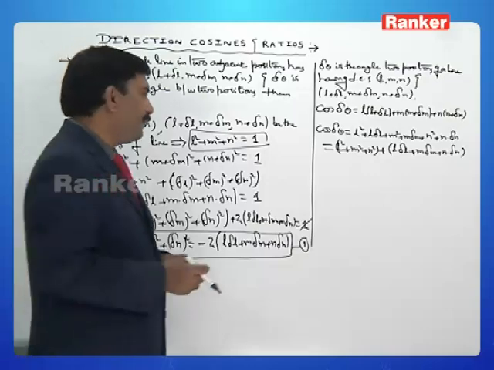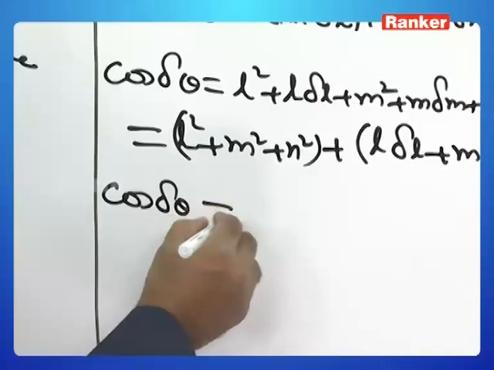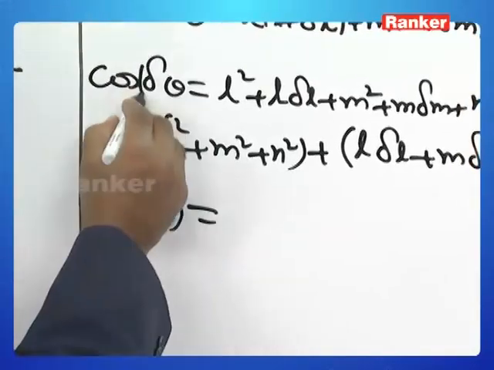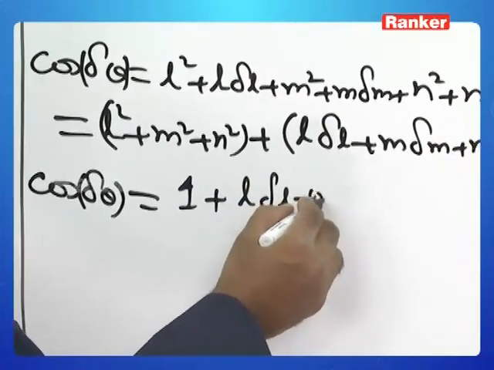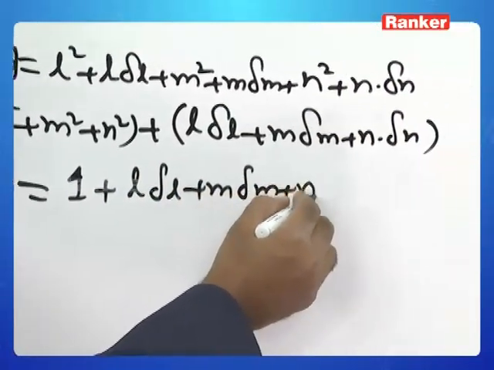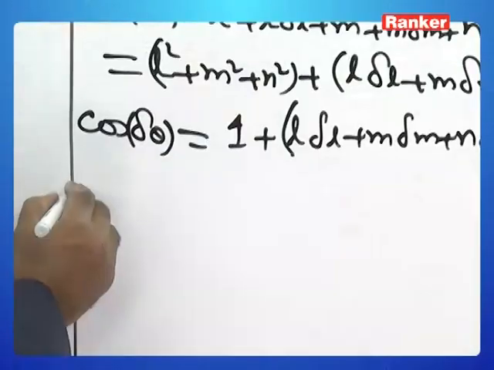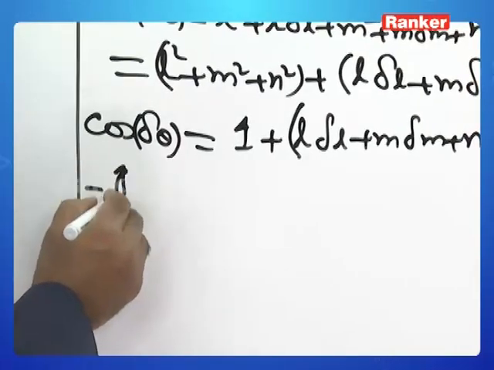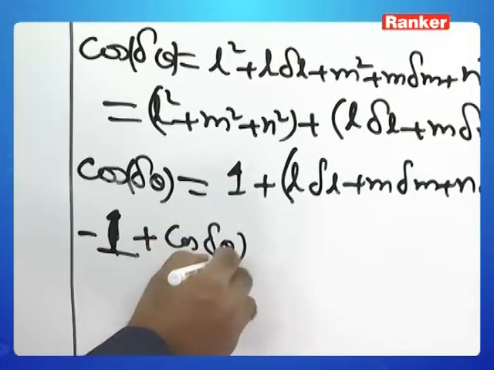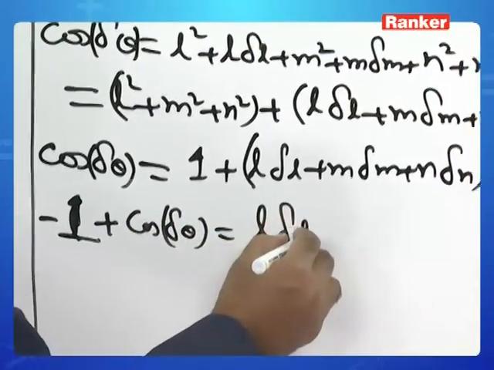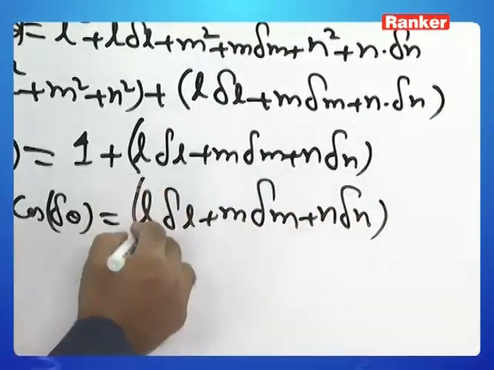Followed? So therefore next I can write cos δθ is equal to 1 + l δl + m δm + n δn. Now you transfer this, minus 1 + cos δθ is equal to l δl + m δm + n δn, right?